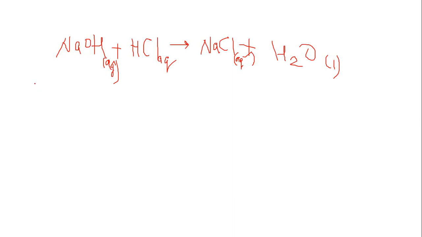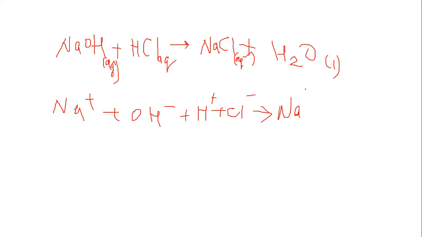First we separate the compounds into positive and negative ions: Na plus, OH minus, plus H plus, Cl minus, gives Na plus, Cl minus.